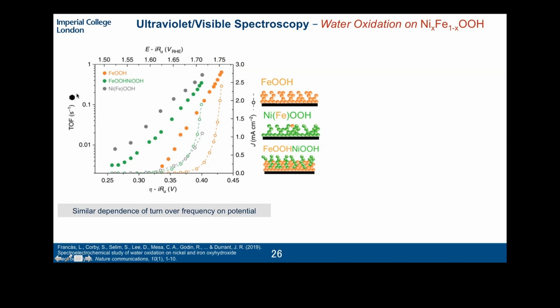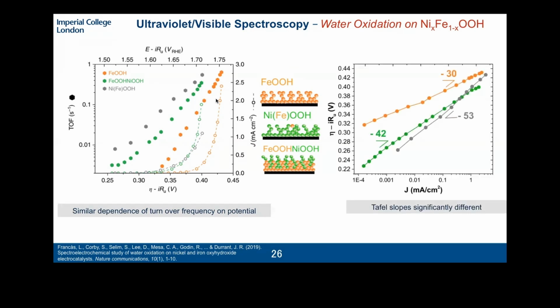In this case, it's defined as the number of oxygen molecules per site. So, like I said, you can convert all the absorption data to the number of these species that you have per second. So this is an intrinsic activity metric. And here you see for all of these different nickel oxyhydroxide samples, you have a similar dependence of the turnover frequency on potential.